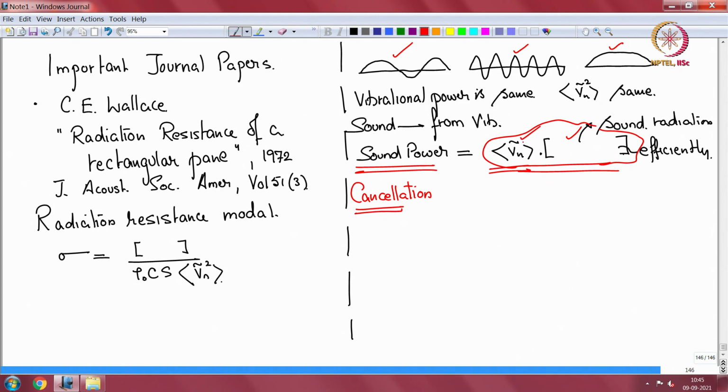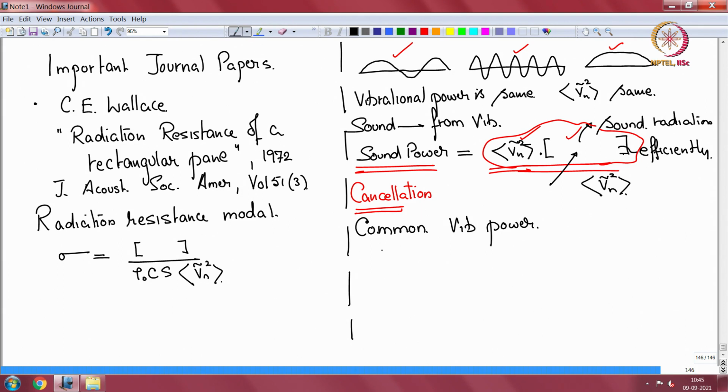So dividing, there should be a square here. Dividing first of all by this takes out the common vibrational power effect. All that remains is the radiation factor, how efficiently the source is radiating.